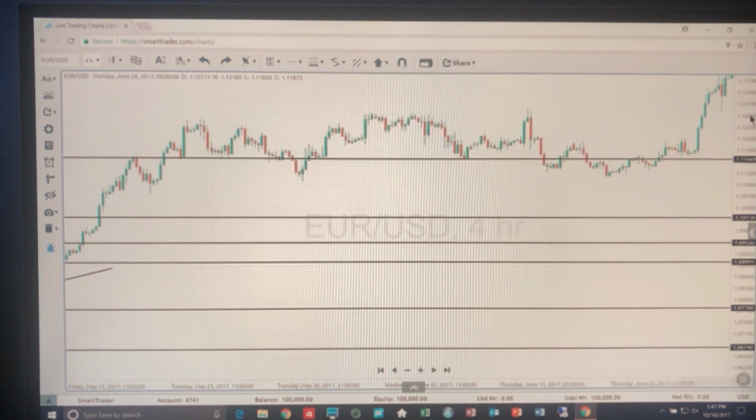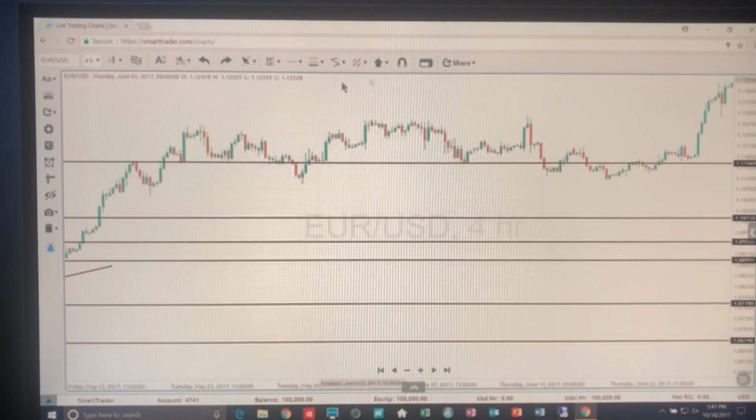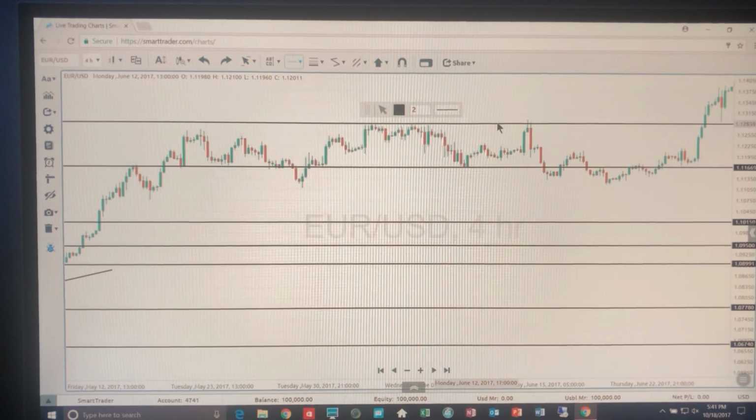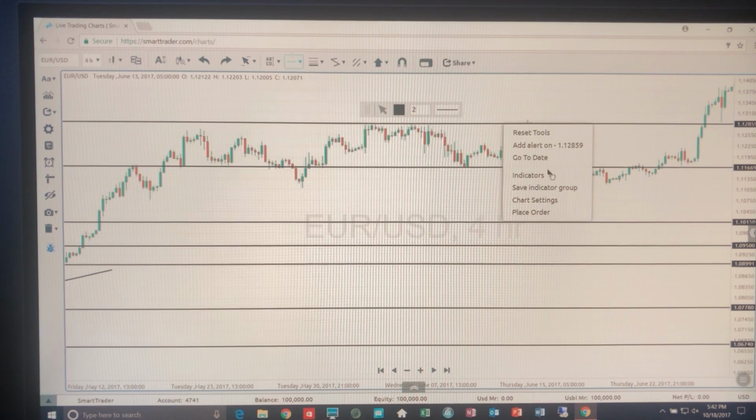Now that it made this new high right here, we are going to draw a horizontal line right above these highs right here, and this becomes the level where past resistance will become future support for the next move.